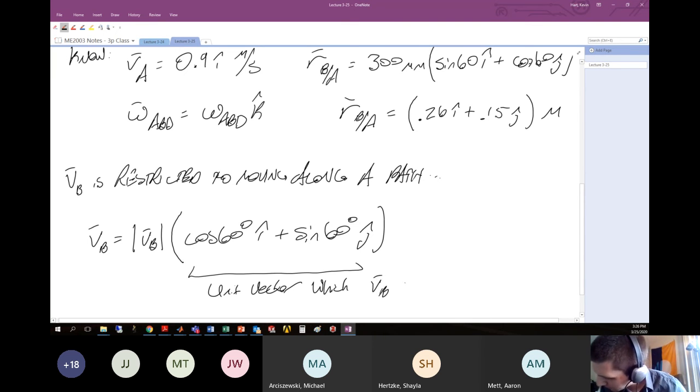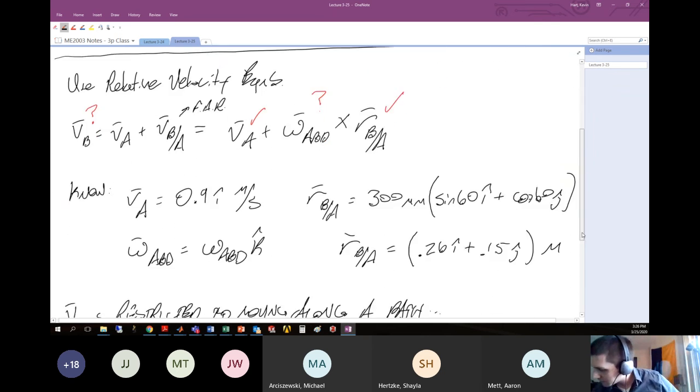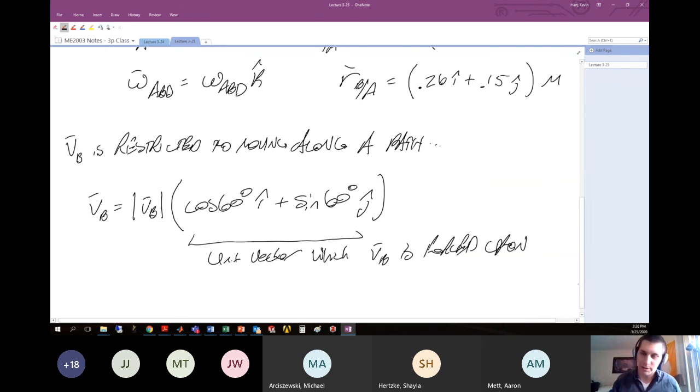This is the line upon which VB must move. So it's restricted to moving along this unit vector, and the components of the velocity of B will be restricted to those directions. This also helps us define the problem.